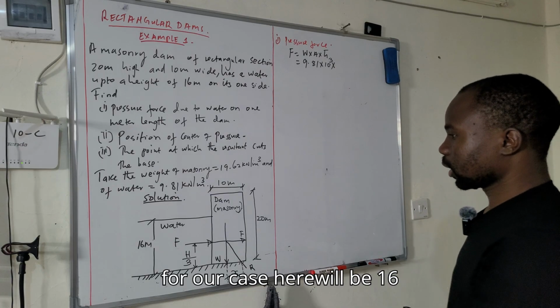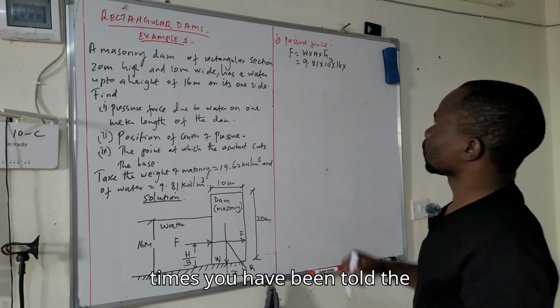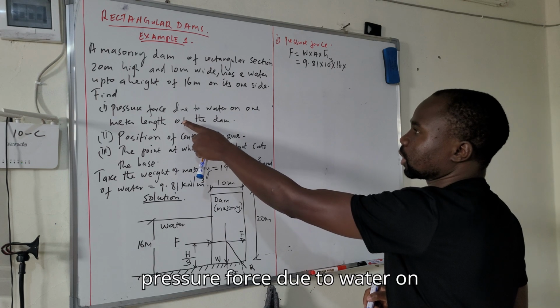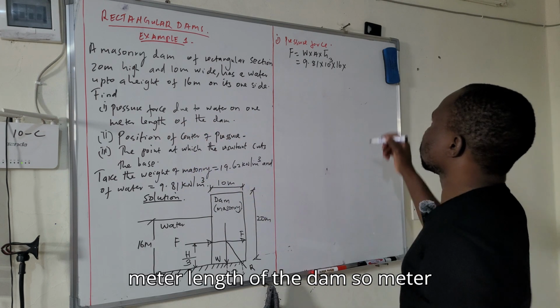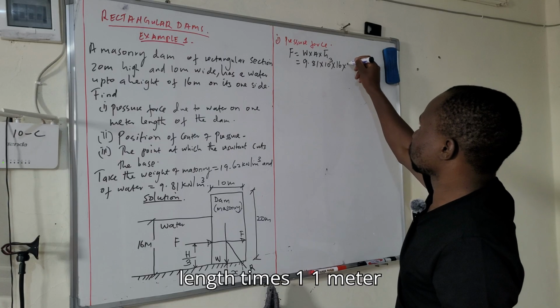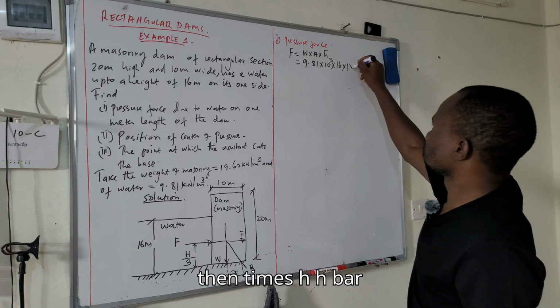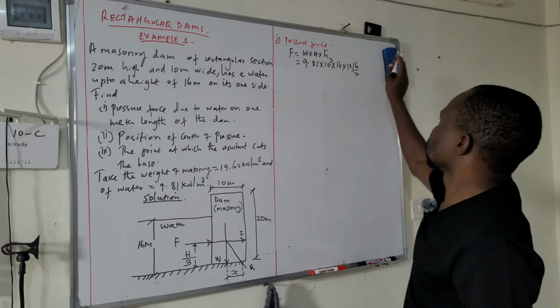The area for our case here will be 16 times, you have been told pressure force due to water on 1 meter length of the dam, so 1 meter length, times h bar, which is 16 over 2.